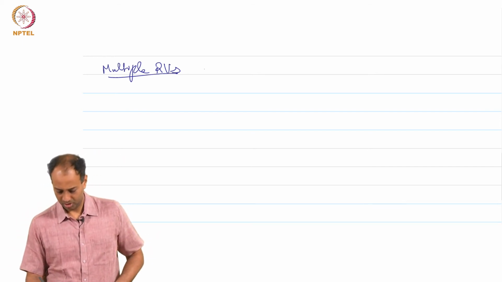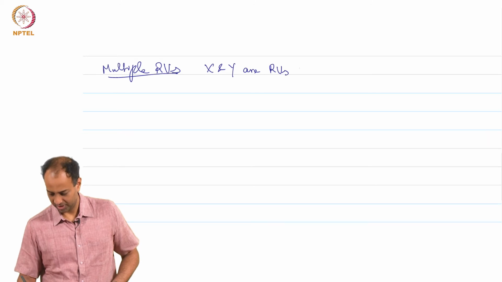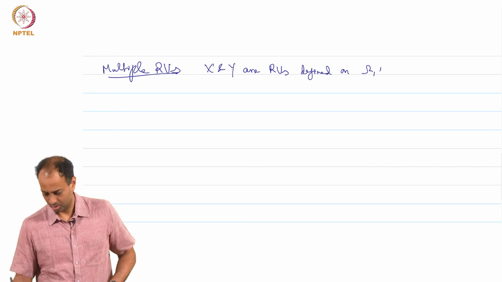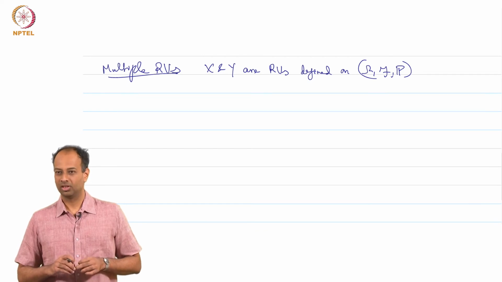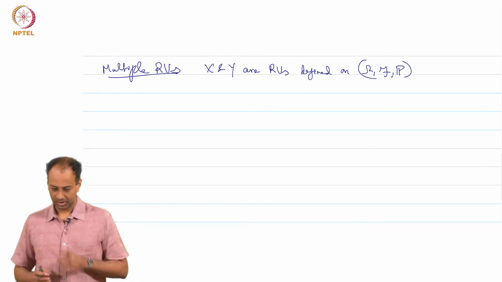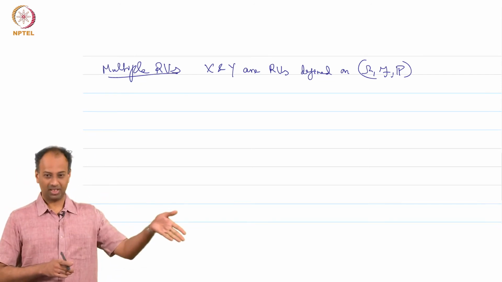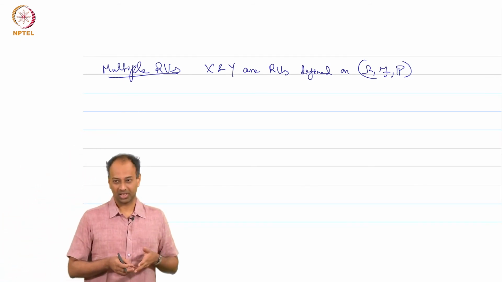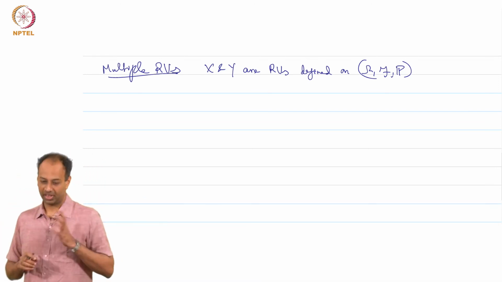Suppose X and Y are random variables defined on omega, F, P. There are two different random variables defined on omega, F, P, meaning that X is a function from omega to R satisfying the property that we talked about, and Y is another function from omega to R satisfying the same property. So, the pre-images of these semi infinite intervals are events, for both X and Y.